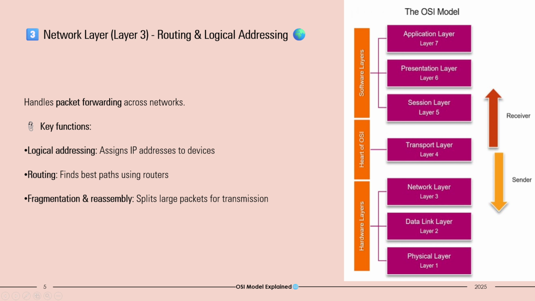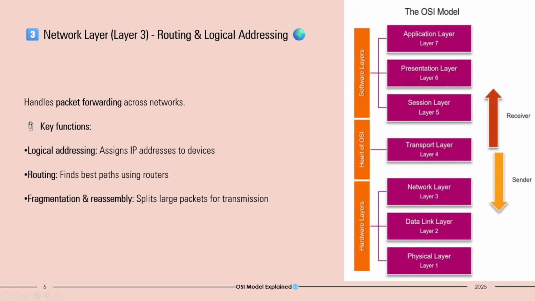The network layer is responsible for routing data packets across networks. It enables communication between devices on different networks. Its primary functions are logical addressing, IP addressing, assigning logical addresses, IP addresses, to devices. IP addresses are used to identify devices across different networks.